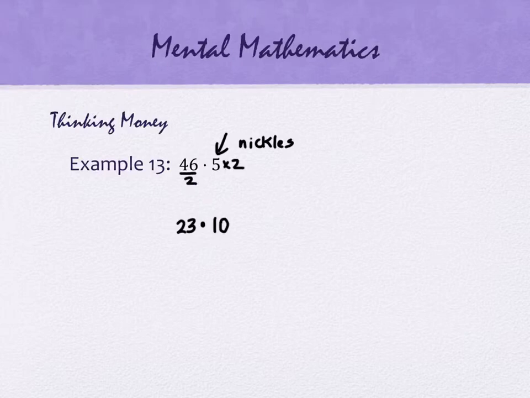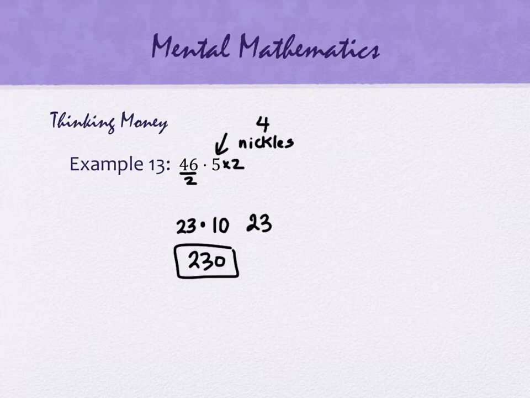You guys with me on that? And there's nothing special about 2. I mean, I could multiply by 3 and divide by 3. I could multiply by 7, divide by 7. I can do that with any number. But man, getting a 10 at the end is super friendly because what's 23 times 10? 230. So what I've done is I've, in my mind, exchanged 46 nickels for 23 dimes.